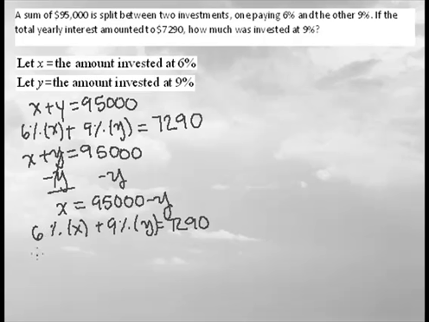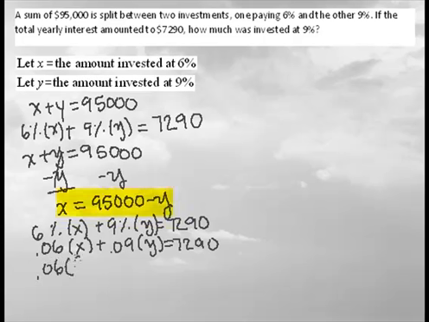So 6% equals 0.06 and 9% equals 0.09. Now let's go ahead and substitute. So that's the only thing that changes so far.